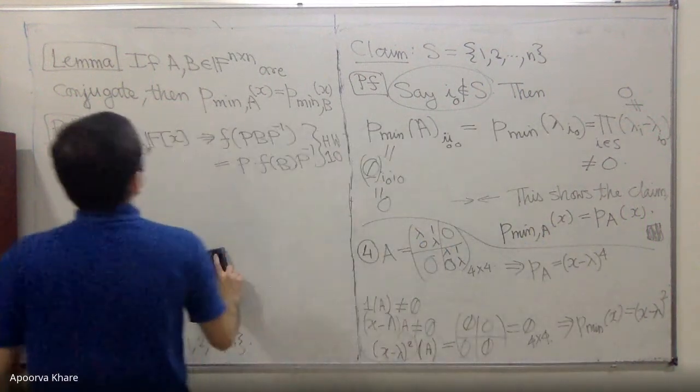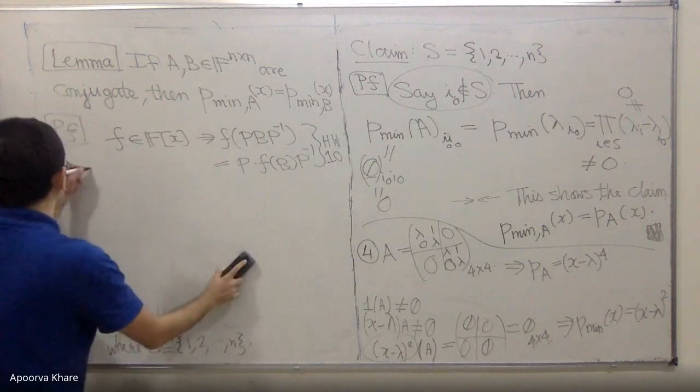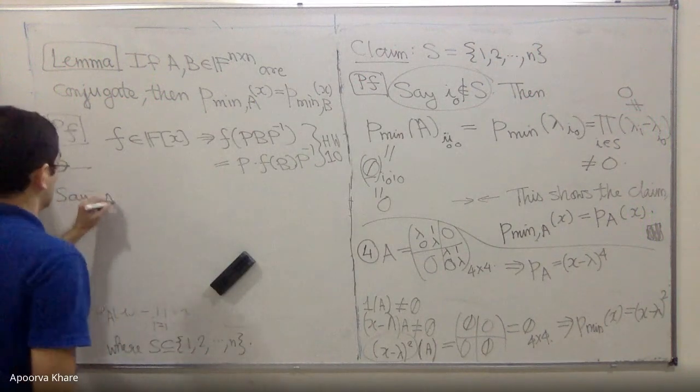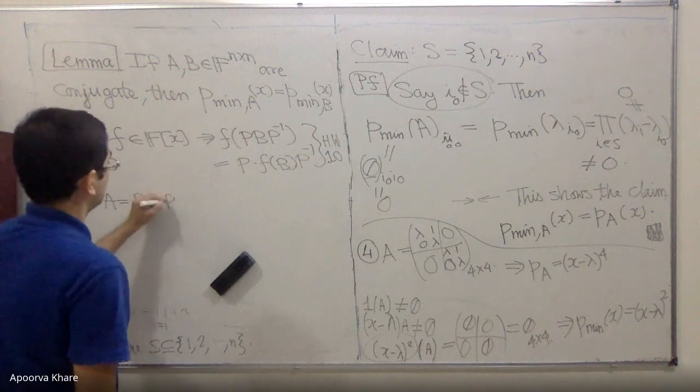So now let us say that A and B are conjugate. So say A equals P times B times P inverse.